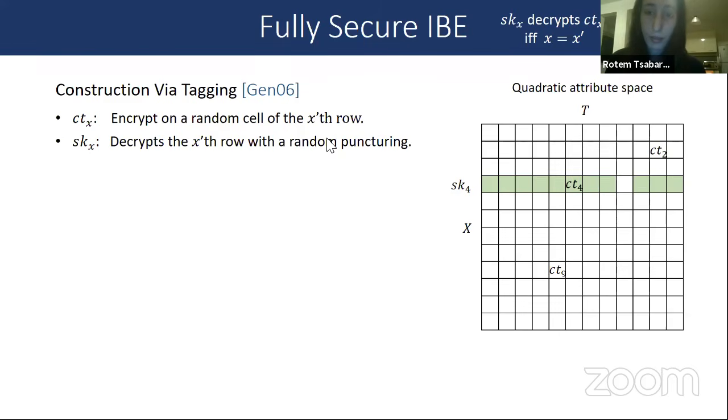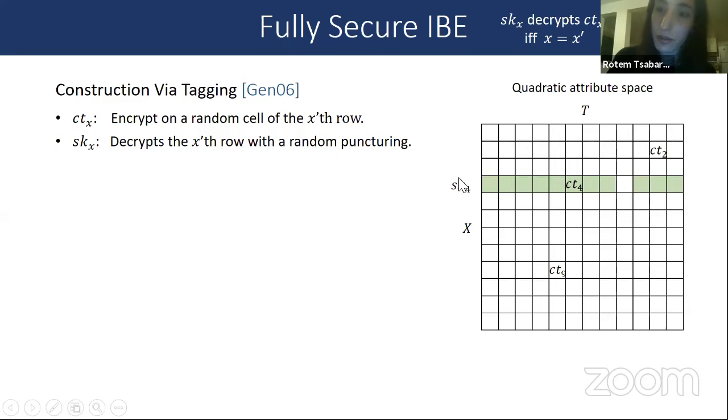So the message stays the same, but now the attribute would be the real attribute that I want, but in addition, some bits that describe the random tag. Okay, I hope this answers the attendees' questions. Thanks. I hope so as well.